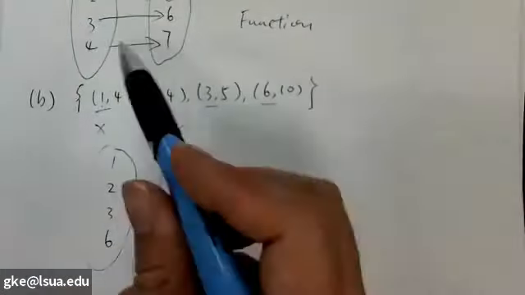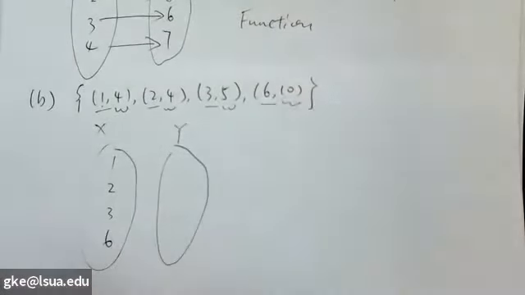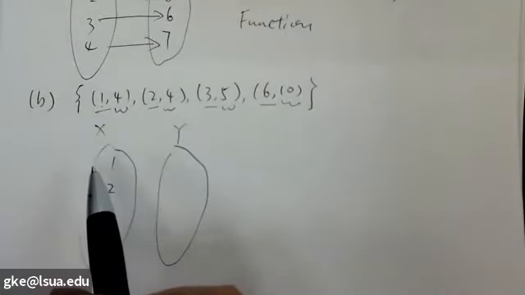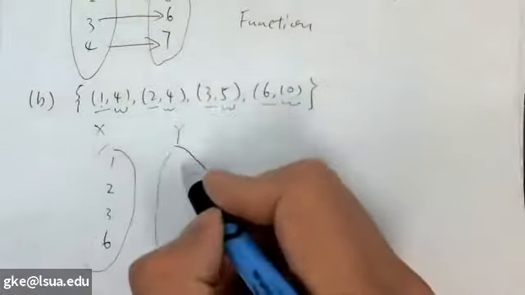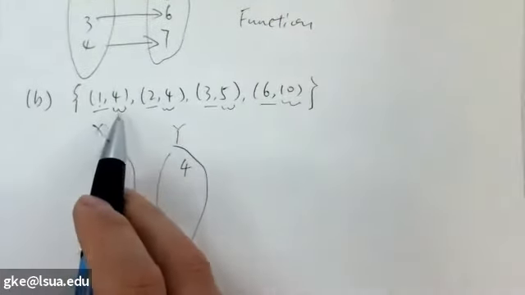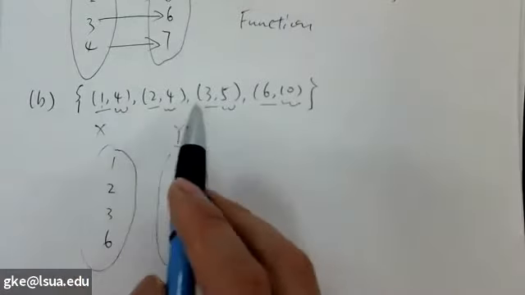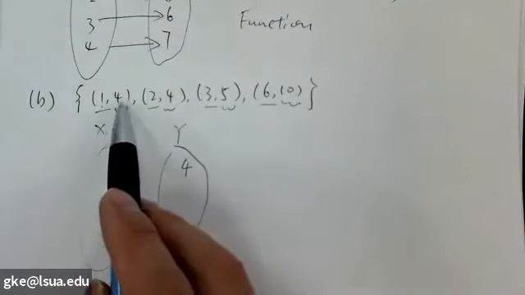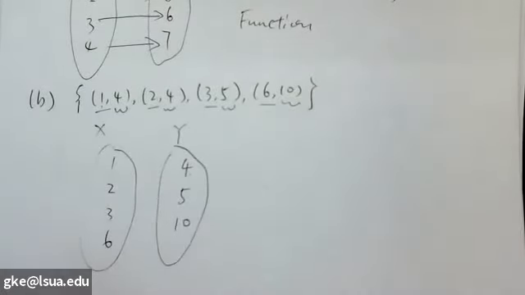For the Y coordinates, we have 4, 4, 5, 10. If there is a repetition, we just copy one. We have a repetition of 4, so we just copy one: 4, 5, 10.